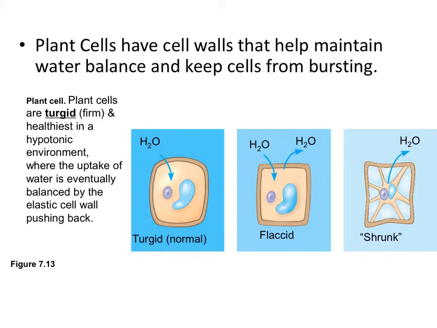So you see that right here. Hypotonic environment. So this is like pure water again. And so the water rushes into the cell, just like in the animal cell, and the cell membrane pushes out against the cell wall, and that actually helps give the plant structure.